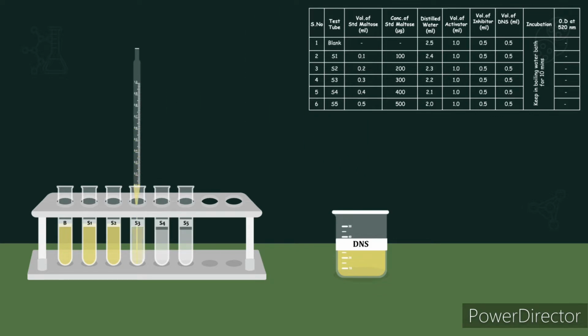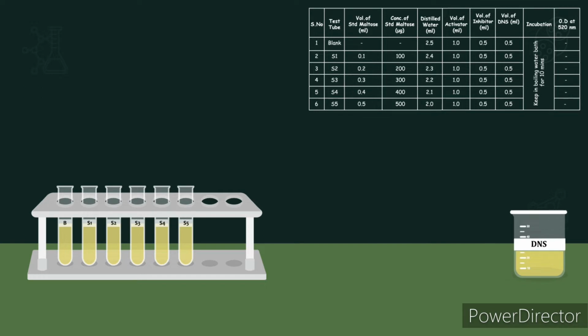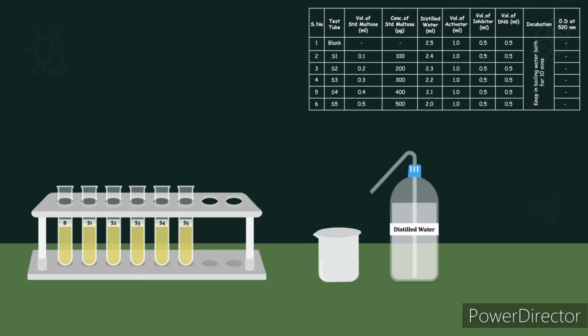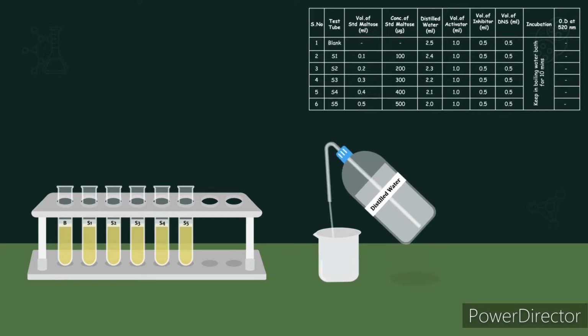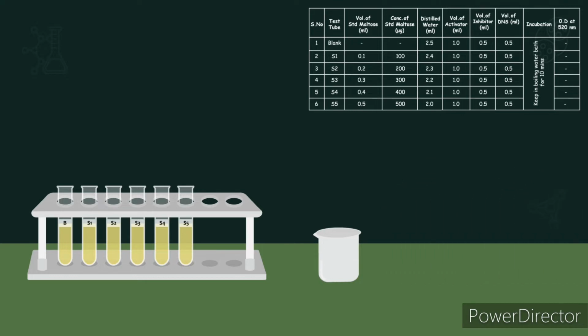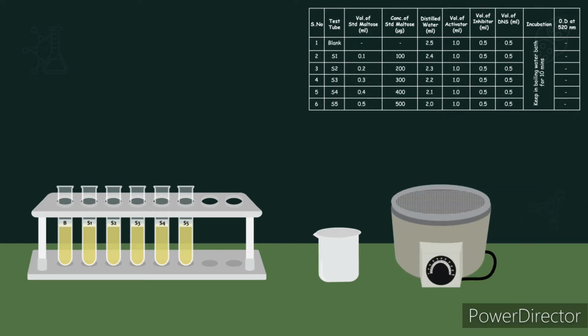Now again, coming to the video, you can see the DNS is added, which is a colored reaction, red. Usually in these assays an activator is used, an inhibitor is used, and a coloring agent is used, which can be read using a spectrophotometer in the visible range.